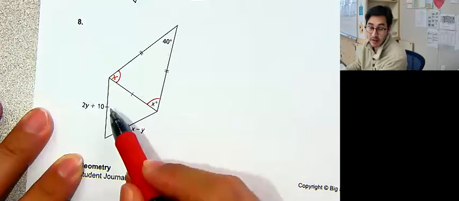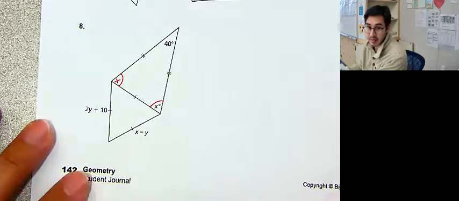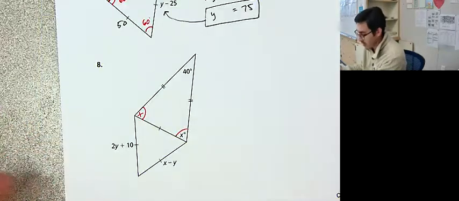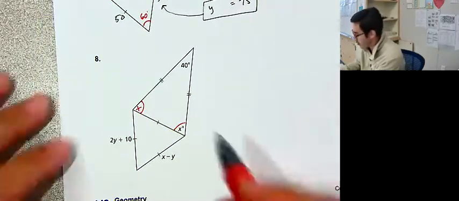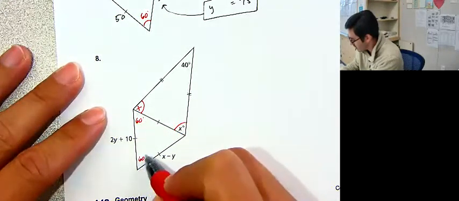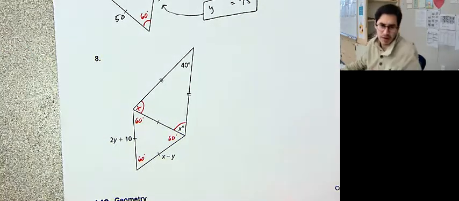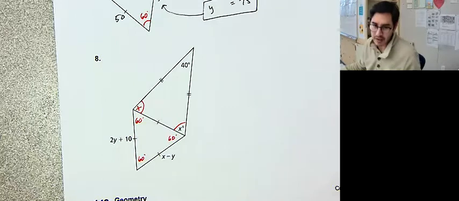You see the tick marks. So all three sides are the same length. We already know that for an equilateral triangle, the angles are all 60 degrees. So that's 60, and that's 60. I'm not sure whether that's going to help us at all, but at least we wrote it down.